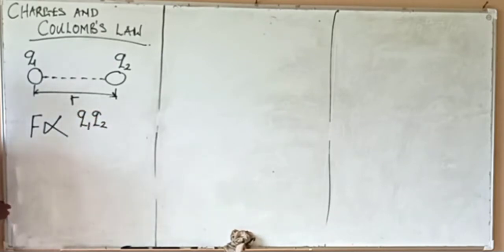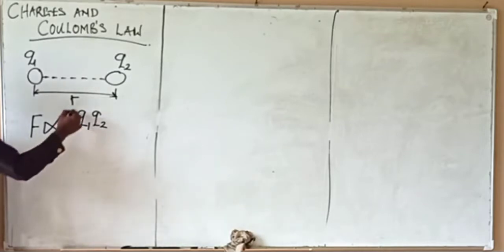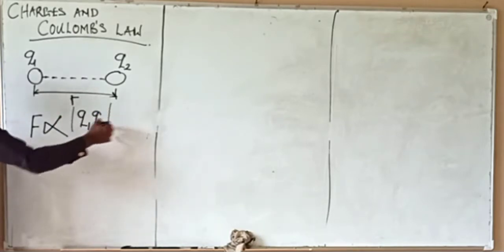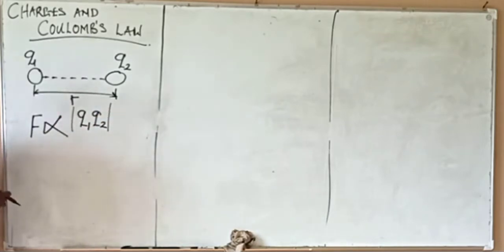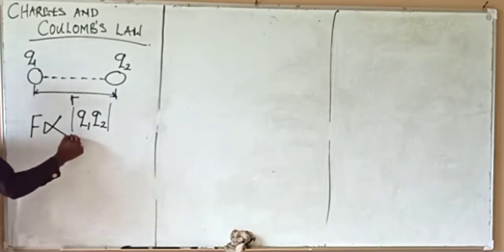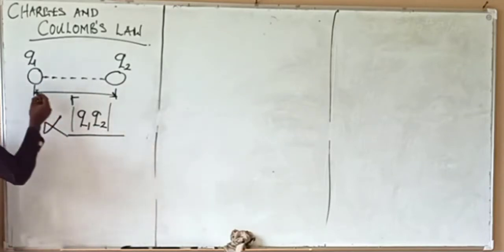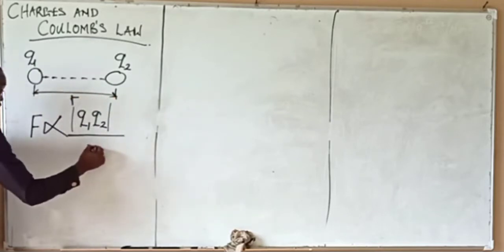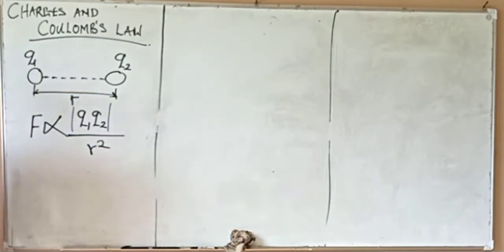Remember that in mathematics, a product means times. Look at the magnitude: the magnitude of the two shows that you are taking the product of the magnitudes of the charges, and inversely proportional to the square of the distance apart, R squared.